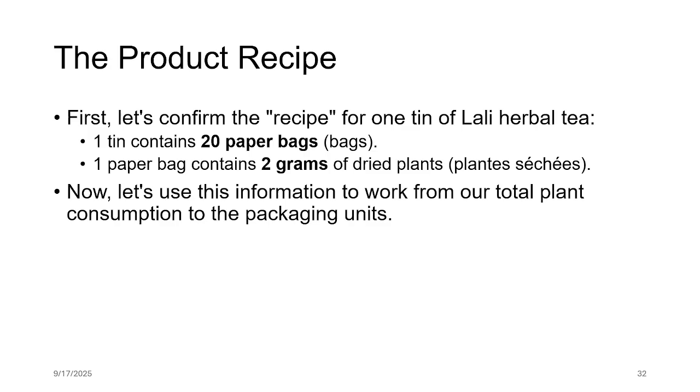Now we have to use this information to work from our total plant consumption to the packaging unit, because for the cost calculation, one of the most important factors is to calculate the unit of activity, the total activity or your unit cost time.